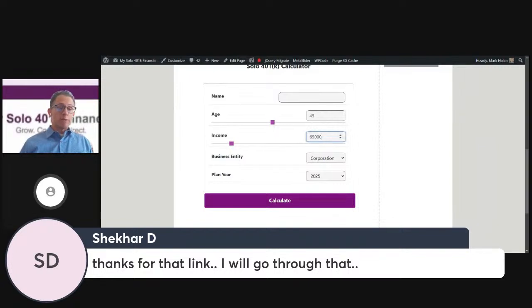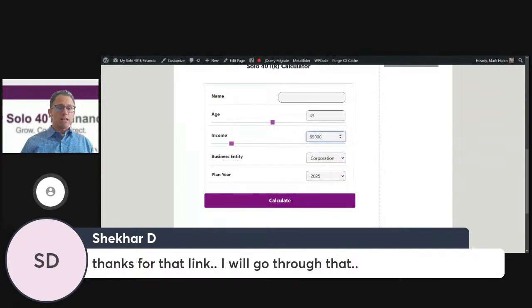So if someone has not opened the solo 401k yet for 2024, and they had enough W-2 wages for tax year 2024 from their S corporation, they can open a solo 401k now by March 15, and then you can do the voluntary after-tax solo 401k contribution by March 15, or you can file for an extension and do it by September 15 of 2025.